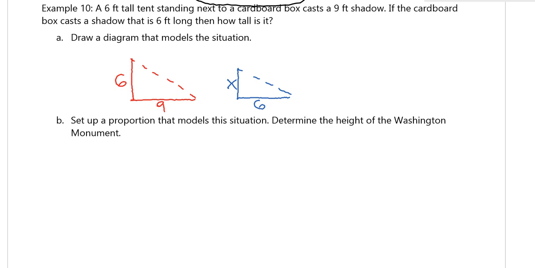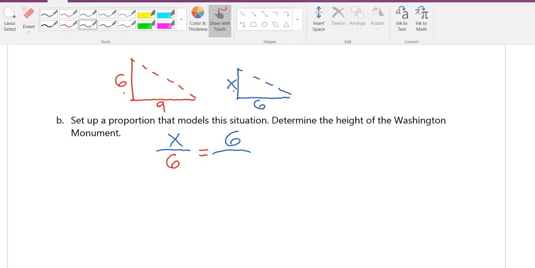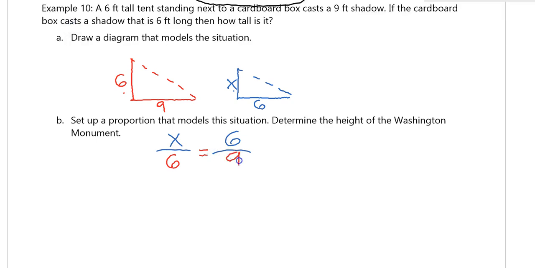Okay. So doing the same thing, height over height. So x over 6 from the height here is going to equal height over height, shadow over shadow. So 6 over, right, my other shadow is 9.